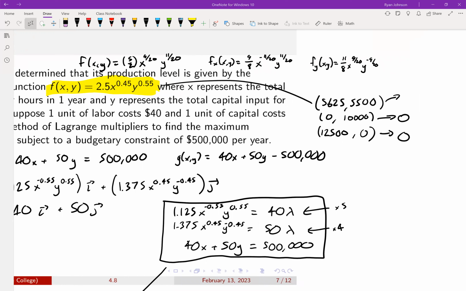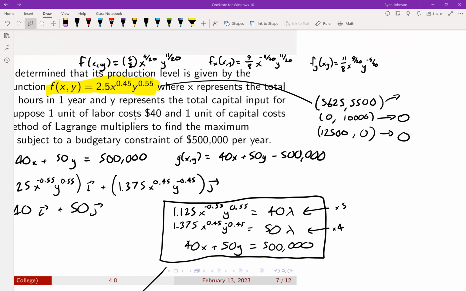All right, so I take my original function, 2.5 times x, which is 5625, to the power of 0.45, and then times 5500 to the power of 0.55.